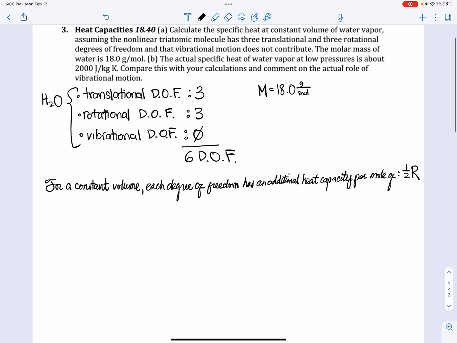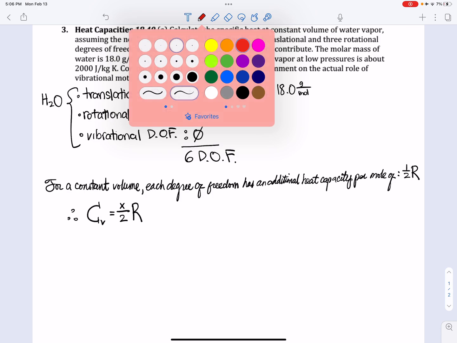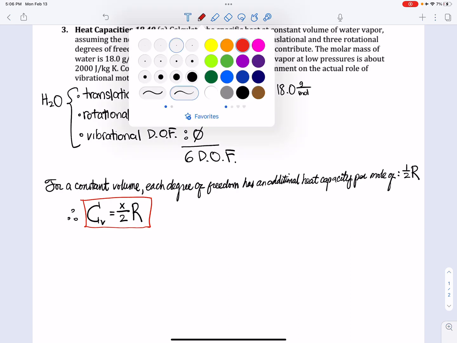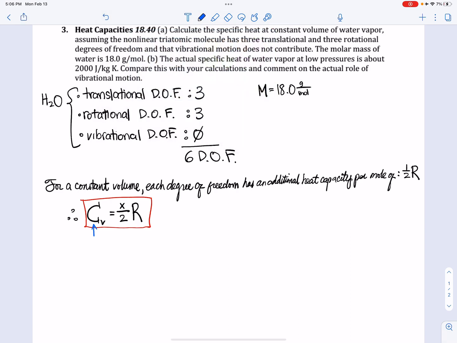So therefore, the heat capacity in total is equal to X over 2 R, right? This was a formula from notes. This is an important formula, right? And this is the molar heat capacity.